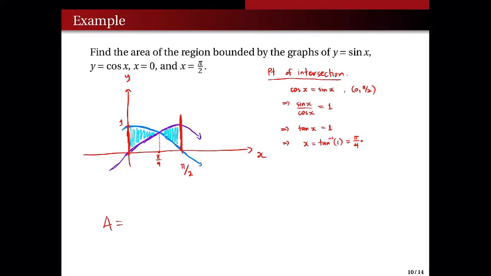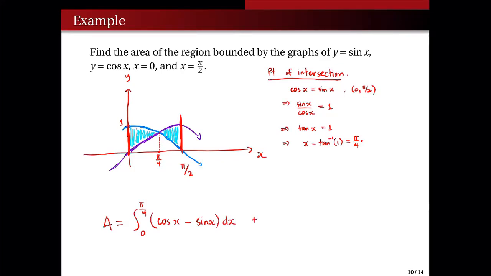So for the first one, we have the integral from 0 to pi over 4. The above function, it's your cosine function here, cosine x, minus the below function, it's your sine function here, dx.